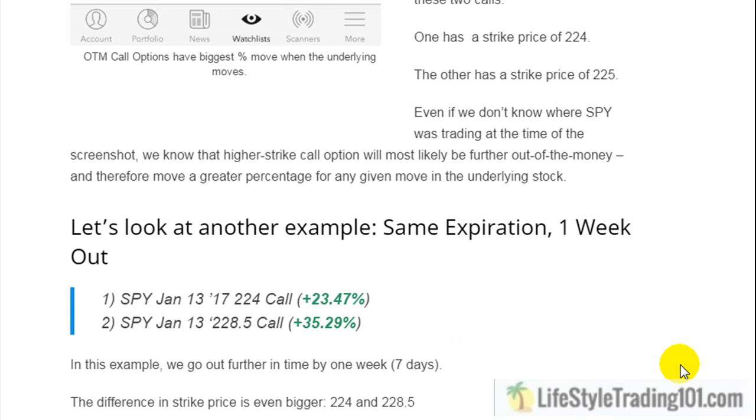So in this case, because you're further out, the difference in strike prices yields a smaller difference. So it turns out that when you're dealing with really short-dated options, even a difference in one strike price is a pretty big difference. But the further out you go, the difference becomes a little bit less. Still a difference, but a little bit less.